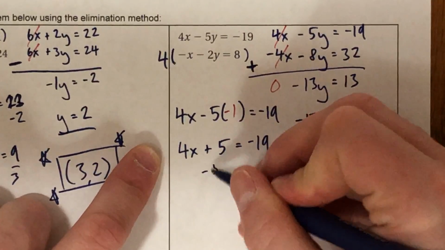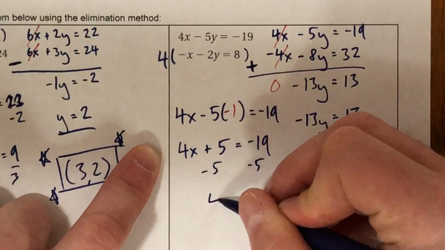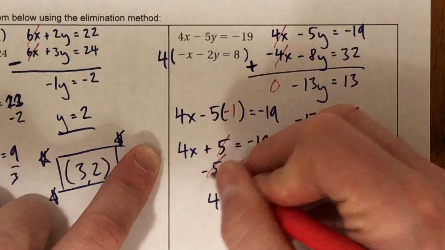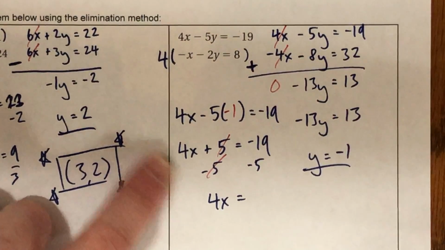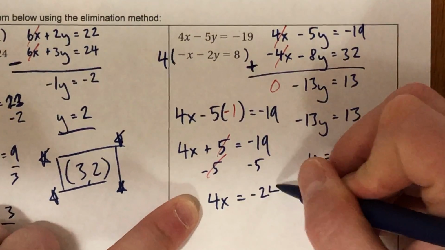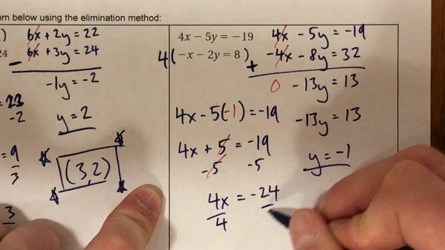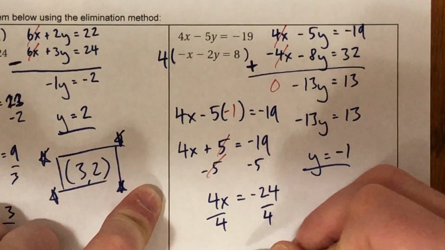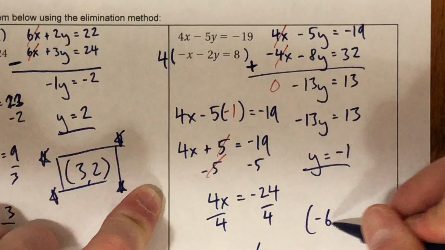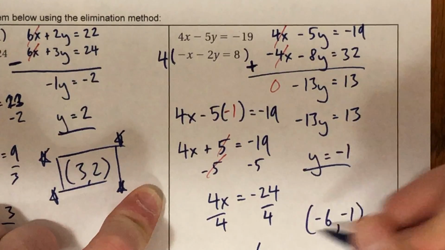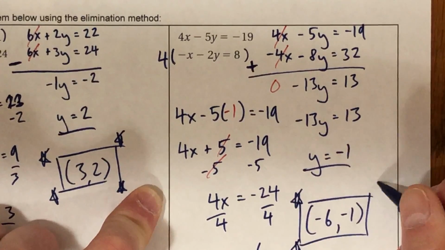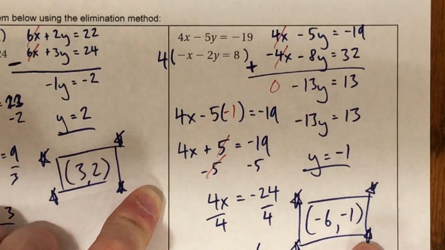Let's subtract 5 from both sides. We got 4x because these cancel out, leaving 4x equals negative 19 minus 5, which is negative 24. Let's divide both sides by 4. And x is equal to negative 6. Then my solution is x comma y, negative 6, negative 1. And there is my solution.